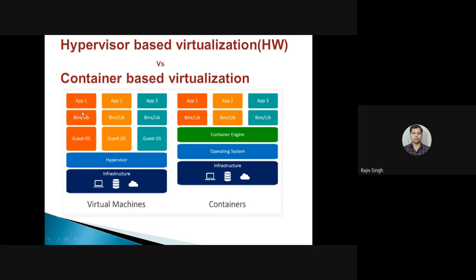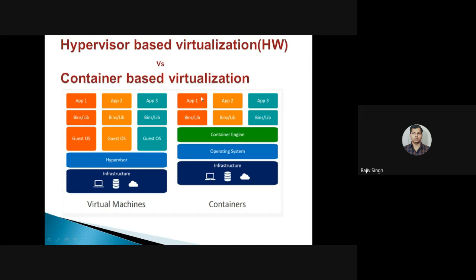So this is the wastage of your resources. These resources are engaged, and application one is running, but it does not require many resources, yet you have specified a large amount of resources for this virtual machine. So this is the wastage of your resources. This is the example of how a virtual machine looks.